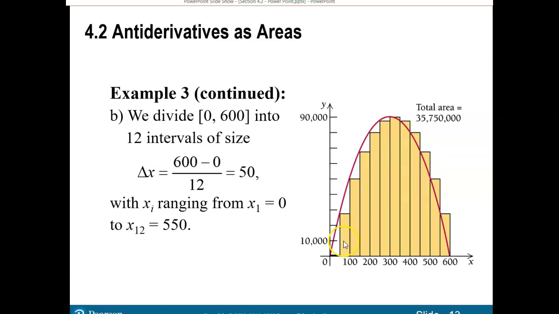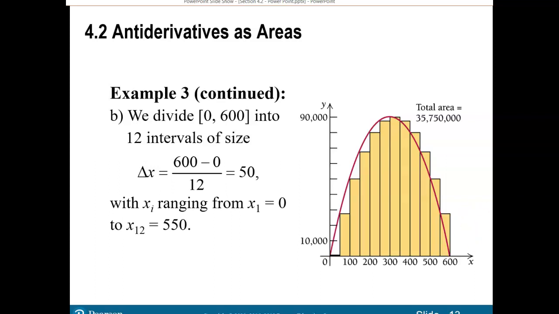So here they're skinnier and there's more of them. So there's the first one down here at 0, second, third, fourth, 5th, 6th, 7th, 8th, 9th, 10th, 11th, and 12th. There is a benefit in terms of accuracy to increase the number of subintervals you have because that means there's less error involved in your calculation.